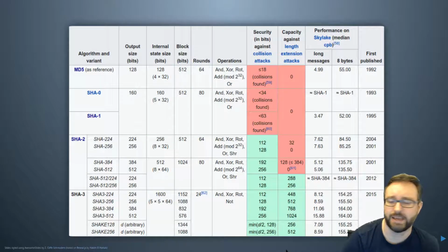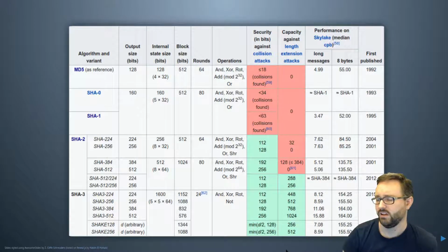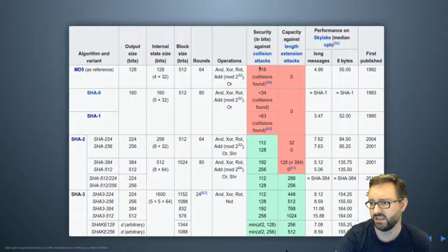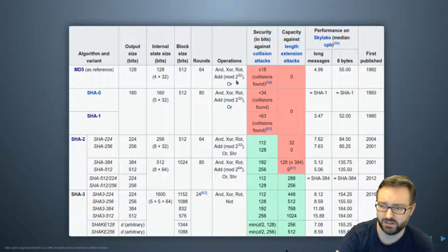And here's a table that does a bit of a comparison. There's the security against collision attacks here, you can see. MD5 and SHA-1 are obviously not considered to be secure against collision attacks anymore. And you can see here SHA-2 and SHA-3.